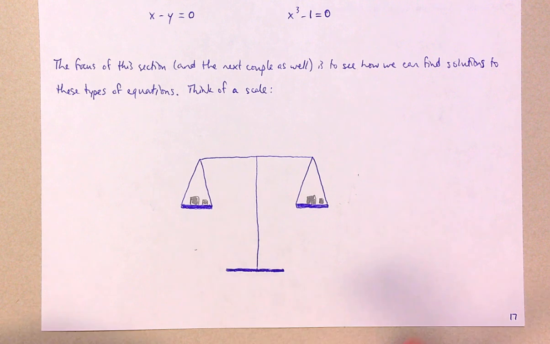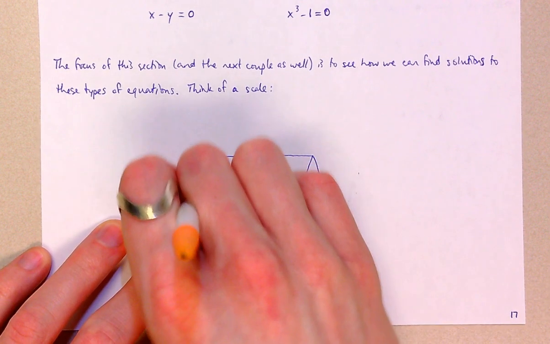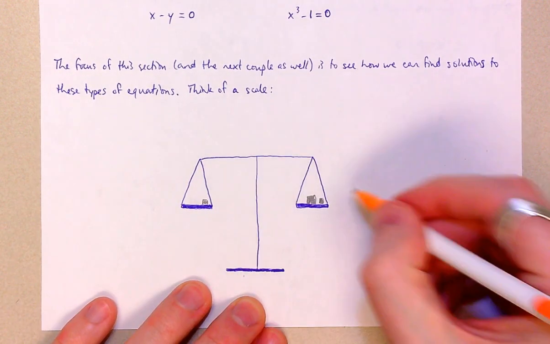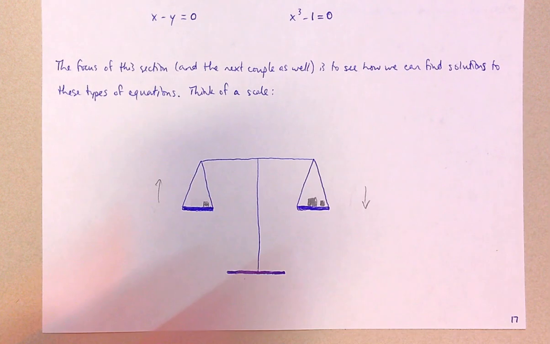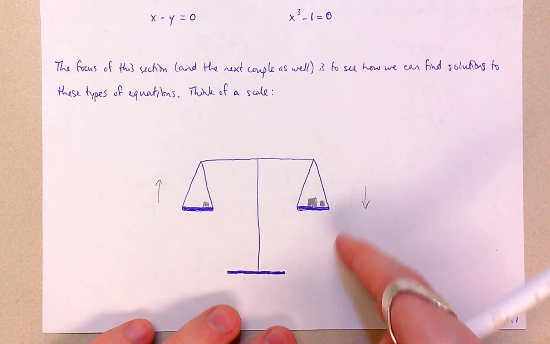Similarly, if I take some weight off of one side, say I take off that bigger weight there. Now this side has more weight to it. This side will go down, which means that side is going to go up. But once again, we don't want one side going down and the other side going up. We want to keep it equal. We want to keep everything the same. So what am I going to have to do to this side?